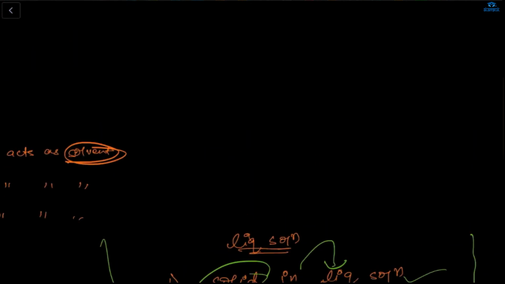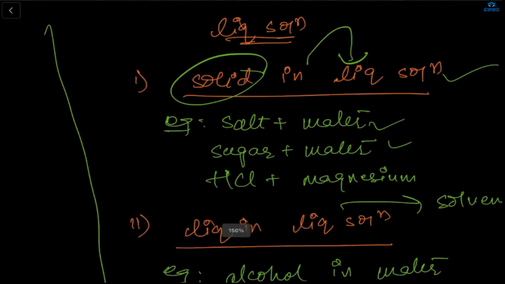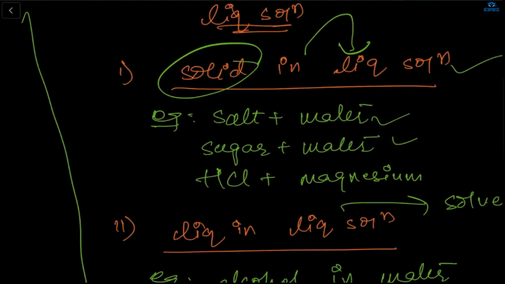What is the solid in liquid example? Ma'am, ice in water. Ma'am, can we say ice and water? Ice is solid. Salt and water, salt water, sugar water.